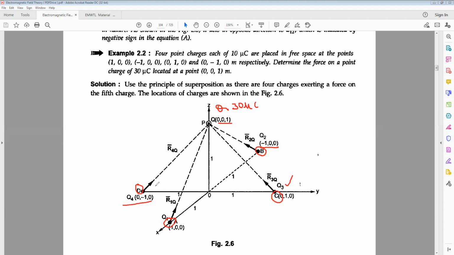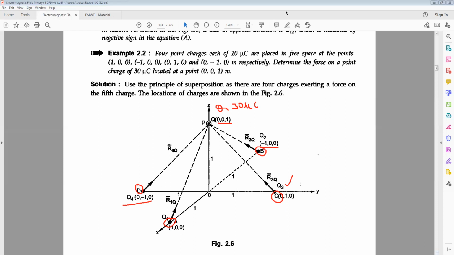All these charges are 10 microcoulombs, placed at 1, 0, 0; minus 1, 0, 0; 0, 1, 0; and 0, minus 1, 0 respectively. Determine the force on the charge of 30 microcoulombs located at the point 0, 0, 1. Using the superposition principle, as there are four charges exerting force on a fifth charge, the location of the charges is shown in the figure here. Let us see.